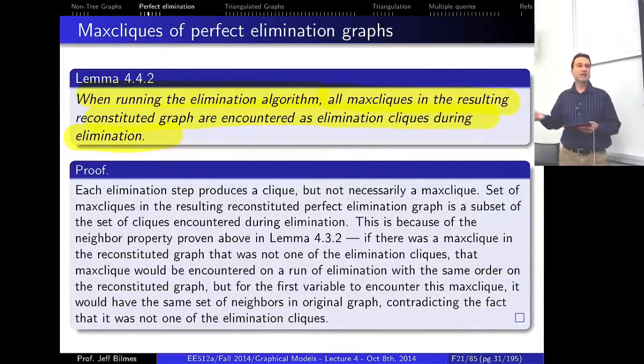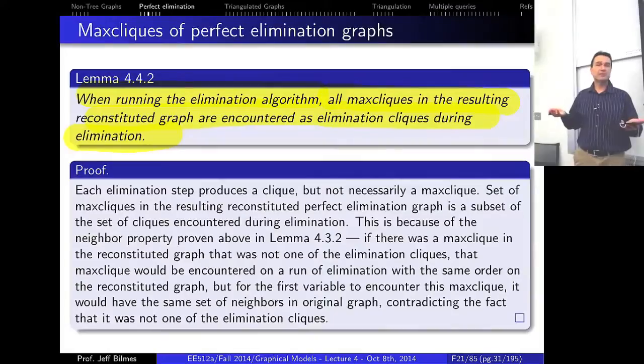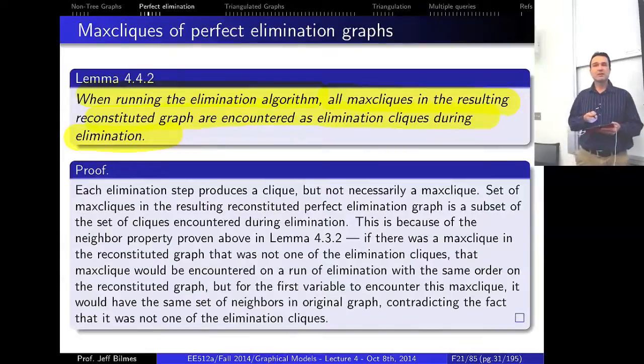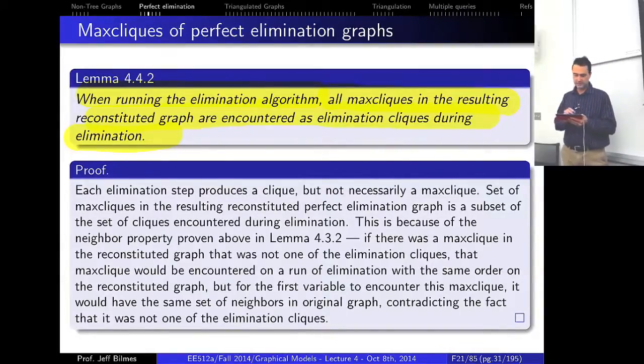And there are some set of maximal cliques, the set of maximal cliques in the graph. So remember, there's the clique factorization property and the max clique factorization property. These are the maximal cliques, the cliques within which all non-maximal cliques can be placed inside of. And so what this is saying is that all maximal cliques are encountered as elimination cliques when you run the elimination process. So here's the proof.